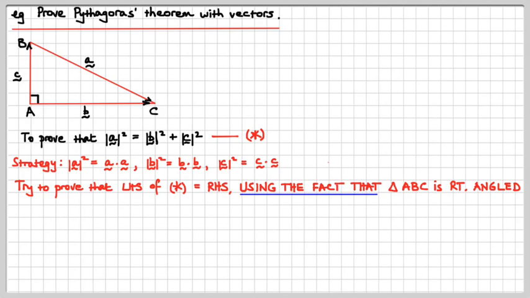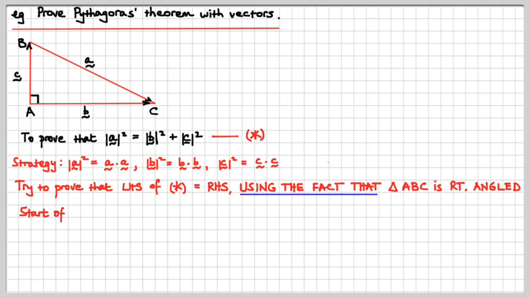Yes, and I'm going to try to prove that the left-hand side of this expression, the magnitude of vector A squared, equals the right-hand side, the magnitude of B squared plus the magnitude of C squared, using the fact that ABC is a right-angled triangle, because after all it doesn't apply unless it's a right-angled triangle. So the fact that it's a right-angled triangle has to feature in the proof, guys, doesn't it? It does.